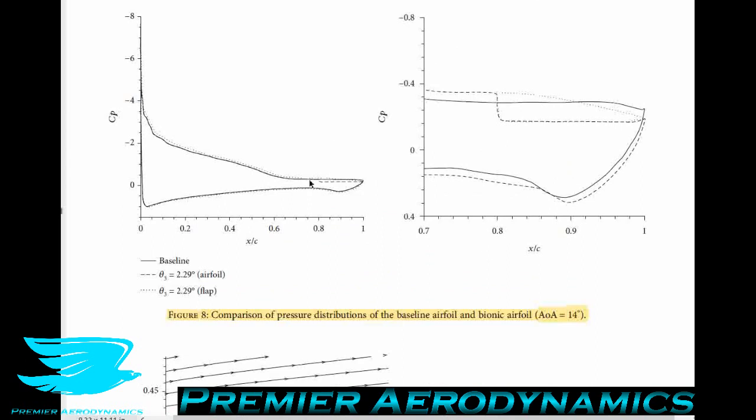If we look at these, we can see that the pressure coefficients are plotted. And when we get to the trailing edge section, the pressure coefficient moves closer to 0. With the baseline, which is this solid black line, it's at like minus 0.3, minus 0.35. Whereas for the dashed ones, we can see that it's significantly greater. It's minus 0.3, minus 0.25.